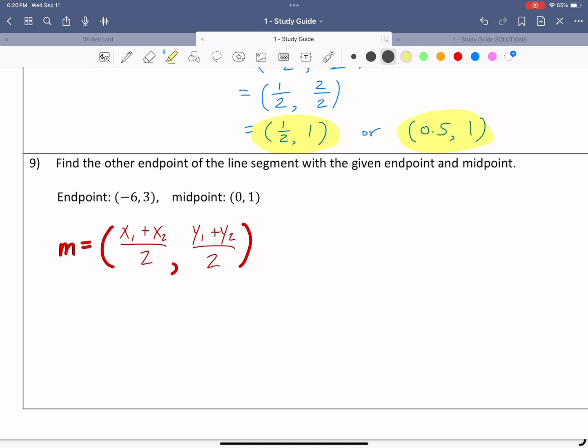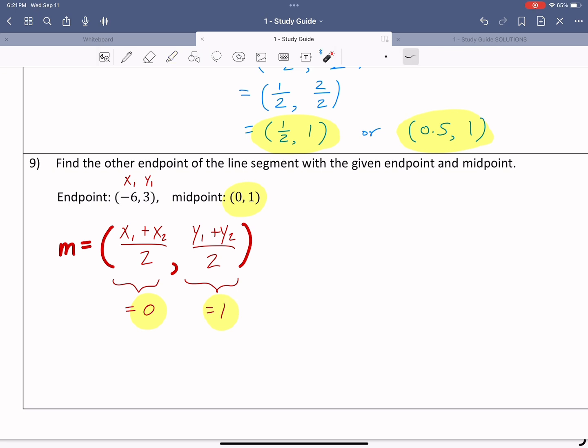And the thing about this one is they already gave us the midpoint, okay? In fact, what they did give us is x1, y1, and then the midpoint. So literally, these two are already given for us. If we solve this later, this is going to be equal to 0, this is going to be equal to 1, according to what we've highlighted above, okay?